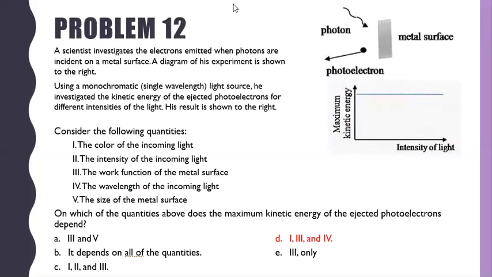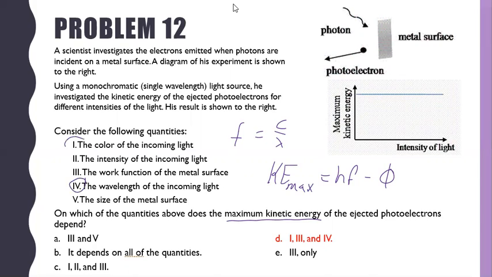So what about this? We are supposed to decide what the maximum kinetic energy depends on. Well, the equation tells us, but we have to look a little bit beyond the equation itself. It does tell us it depends on frequency. That wasn't one of the choices here, but keep in mind that frequency and wavelength are related. So that means it depends on wavelength.